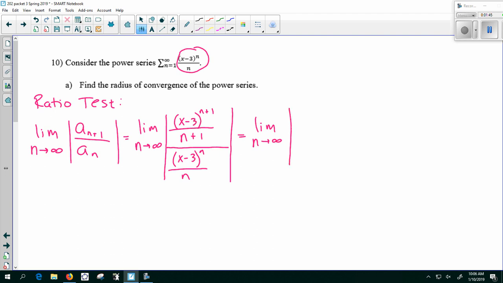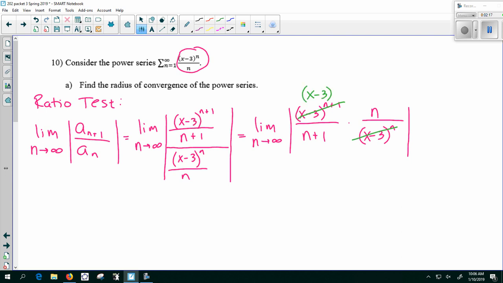Instead of division, I'm going to flip and multiply. Then I'm going to reduce (x minus 3) to the n plus 1 over (x minus 3) to the n. All of them will cancel except for 1 in the numerator, leaving me with just a single x minus 3.